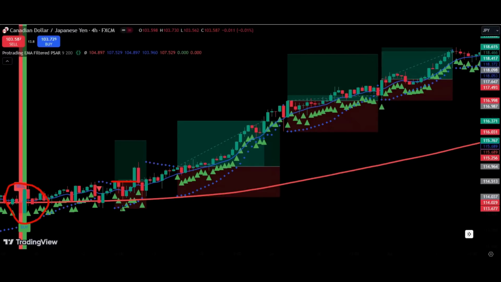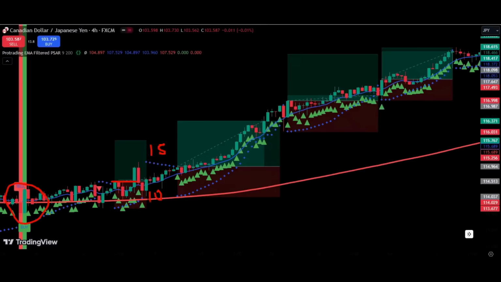Our take profit is 1.5 times our risk. So if we are risking 10 pips, we'll be targeting 15 pips. Once our target is hit, we exit the trade.